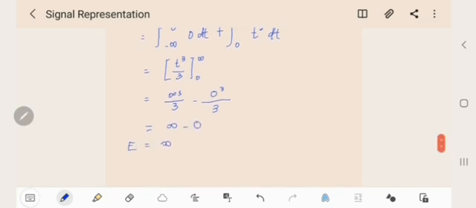When power is infinity and energy is also infinity, the ramp signal is neither a power nor an energy signal.